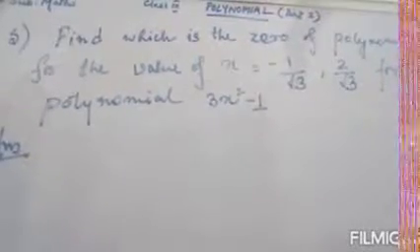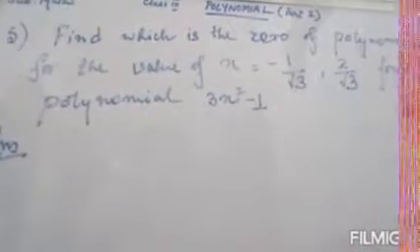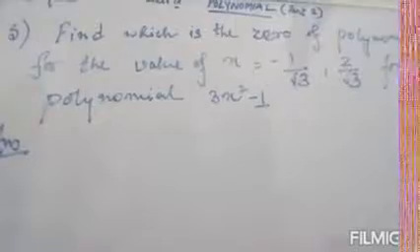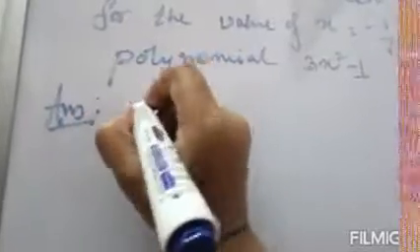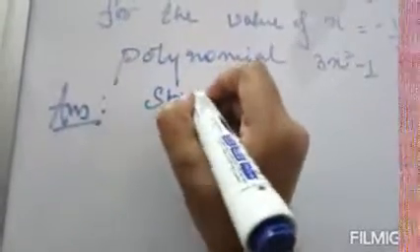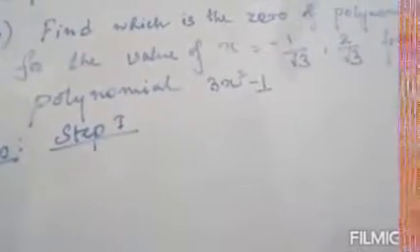And if after substituting, the value does not come as 0, then it is not the zero of the polynomial. Okay, so step 1, break it into steps so that it will be easier for you, and help you in scoring marks also, and there will be less chance of making mistakes.